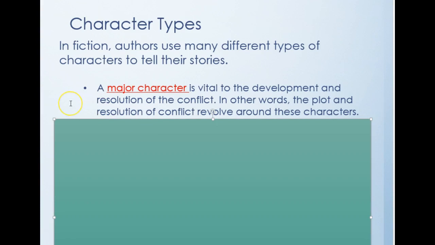Our first character type is going to be a major character. A lot of times you might call this person the main character, but right now we're just going to call them the major character. This character is the vital piece to the development and the resolution of the conflict.